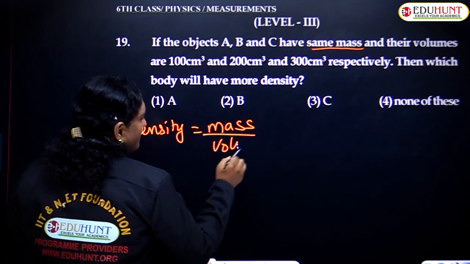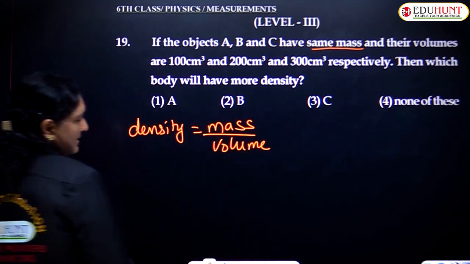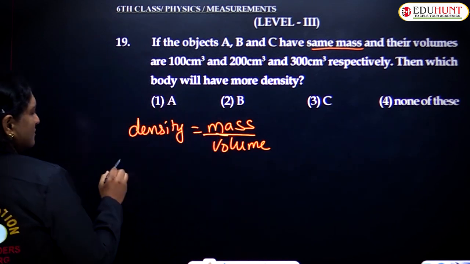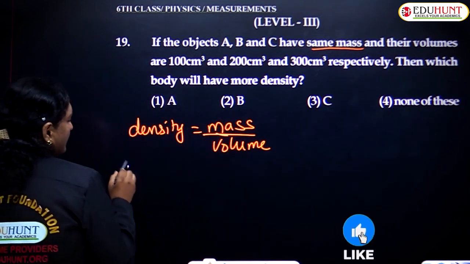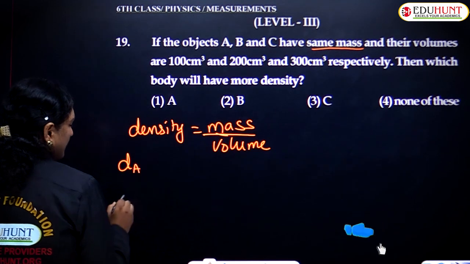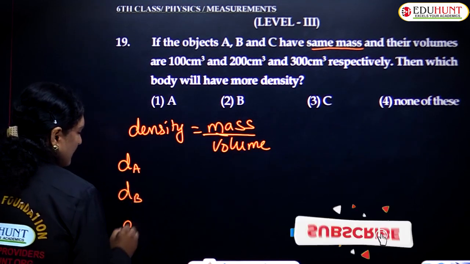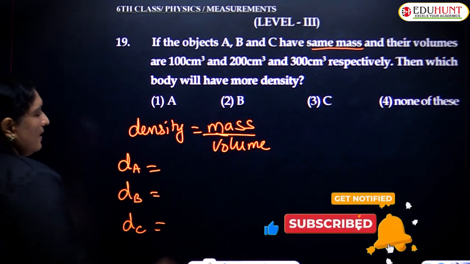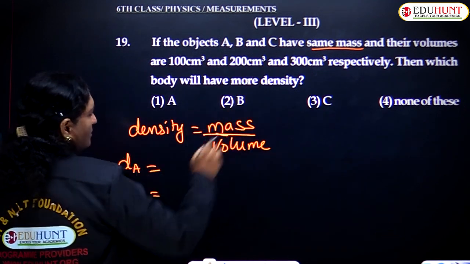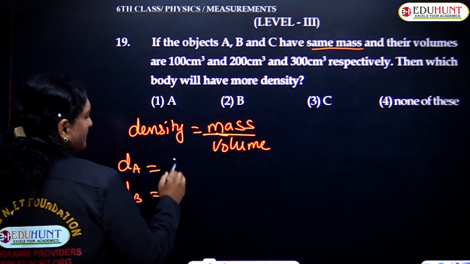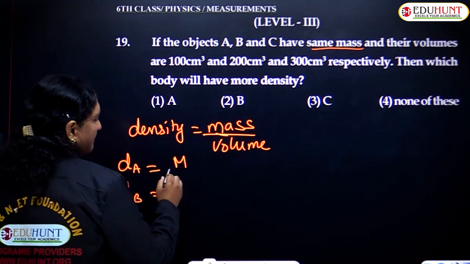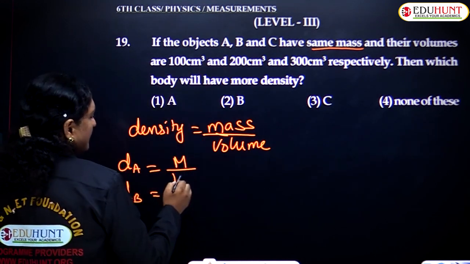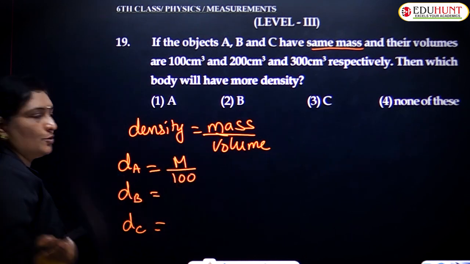But in all 3 cases, mass is constant. So let us try to find the answer. Density of A, density of B and density of C. Everywhere mass is the same. Let me represent that mass as m. m by, what was the volume of the first object A? 100 centimeter cube.